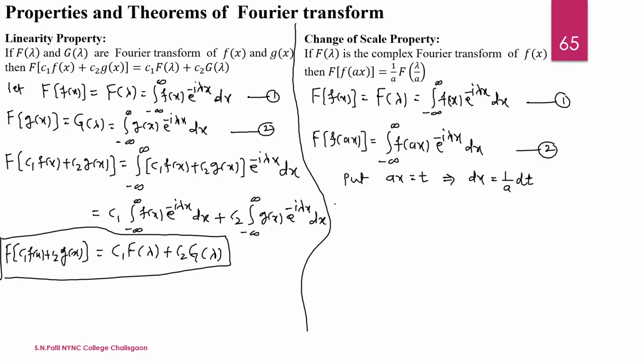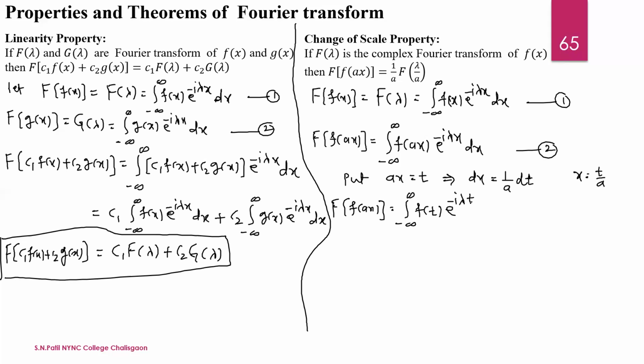So we got the Fourier of f of ax is equal to, as it is, the limit minus infinity to plus infinity f of t e to the power minus i lambda times x. The x is changed. What is the value of x? x is t upon a, since a is divided.